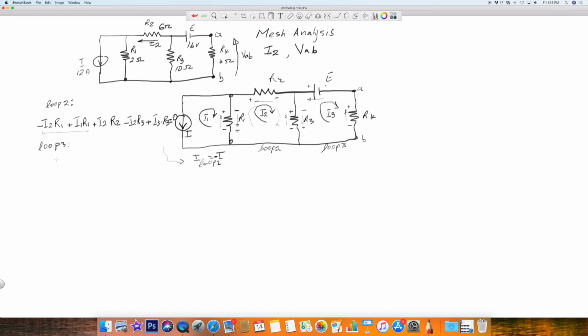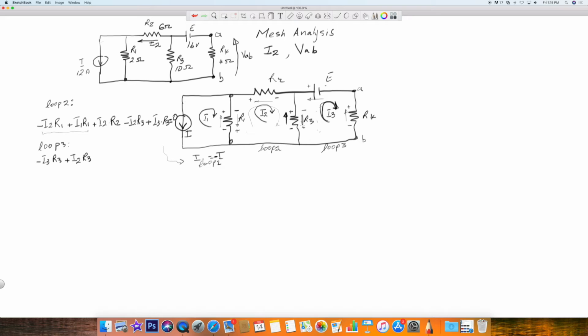For loop 3, again, start here and go around clockwise. In our case, we have a situation with R3, which is a composite as well. Let's start with minus I3R3, and notice now you need to do a plus I2R3, since this one is heading in the same direction as our loop.